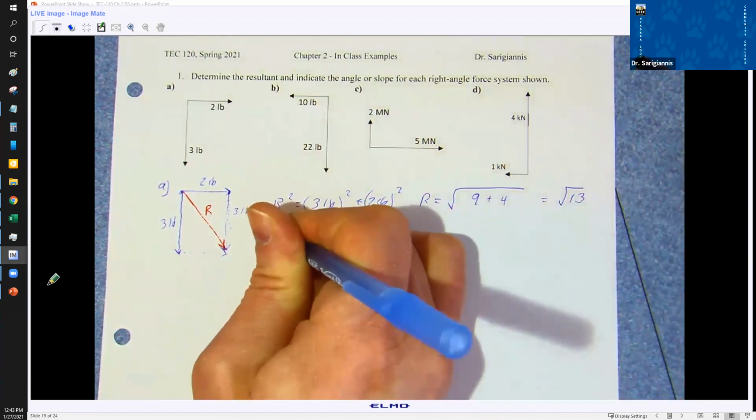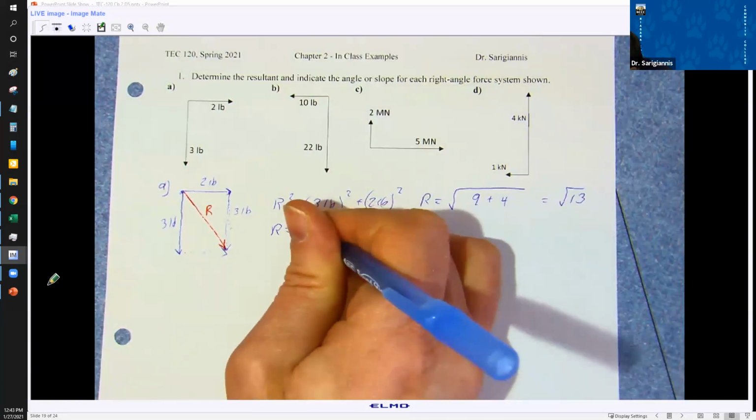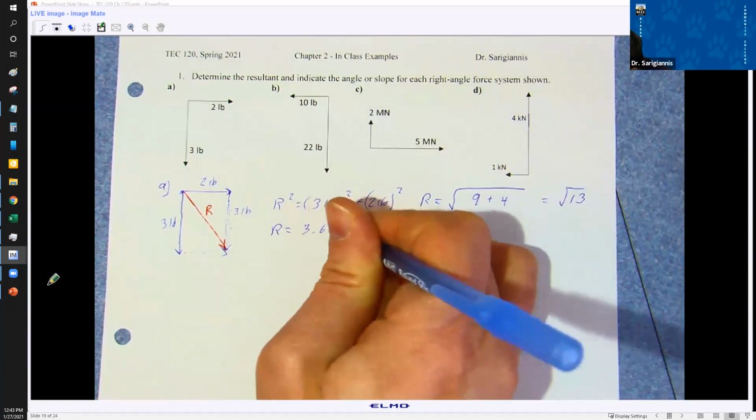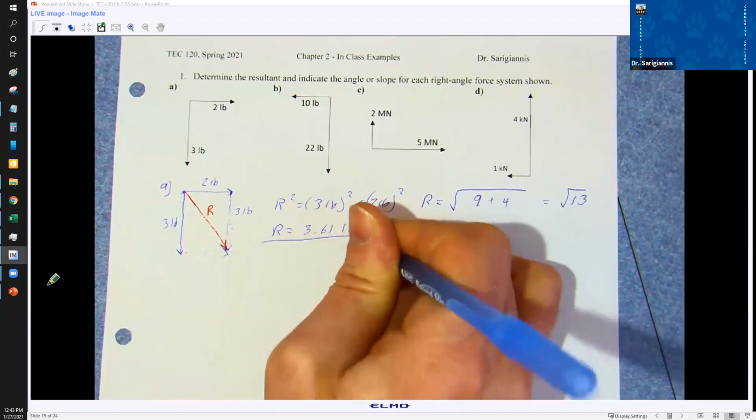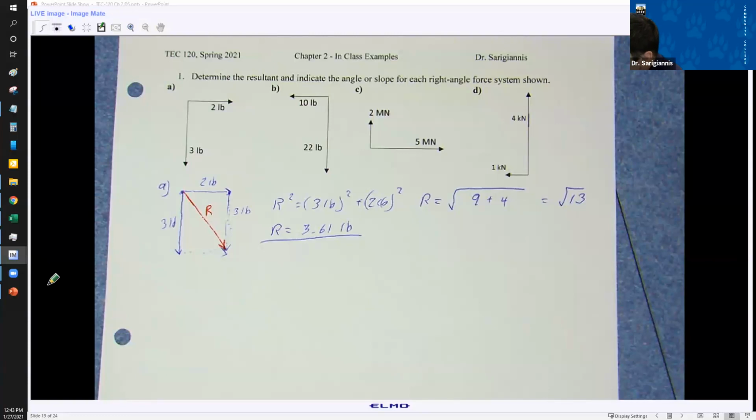So the resultant here is, what does this turn out to be? 3.61 pounds. So that's the resultant. The next thing we have to do is, what's the direction, right? The angle.